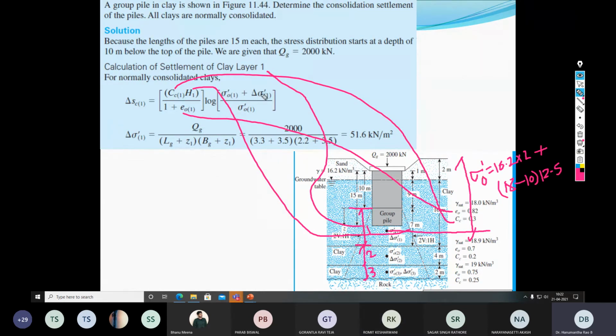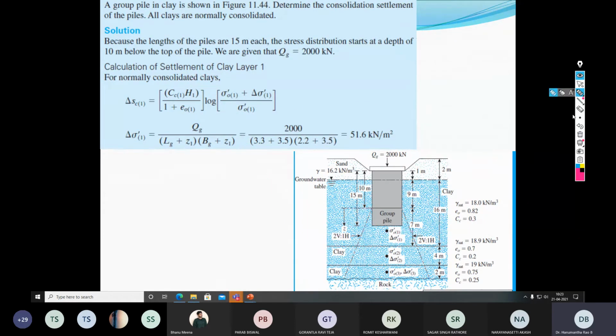Delta sigma is after the construction of the pile foundation.